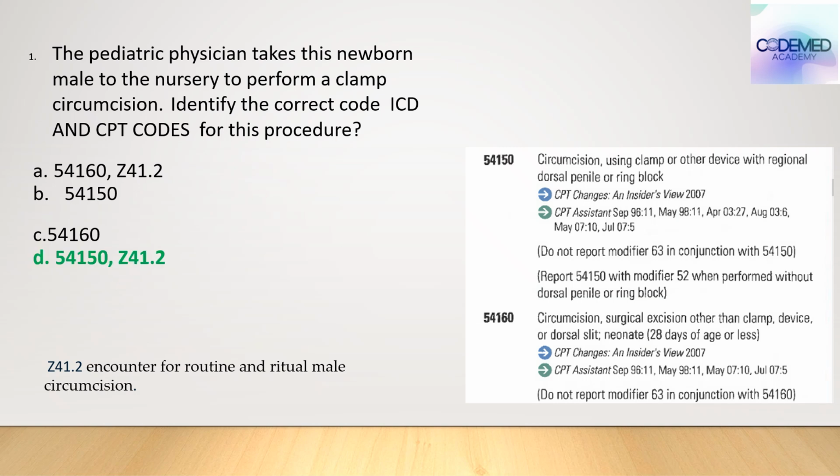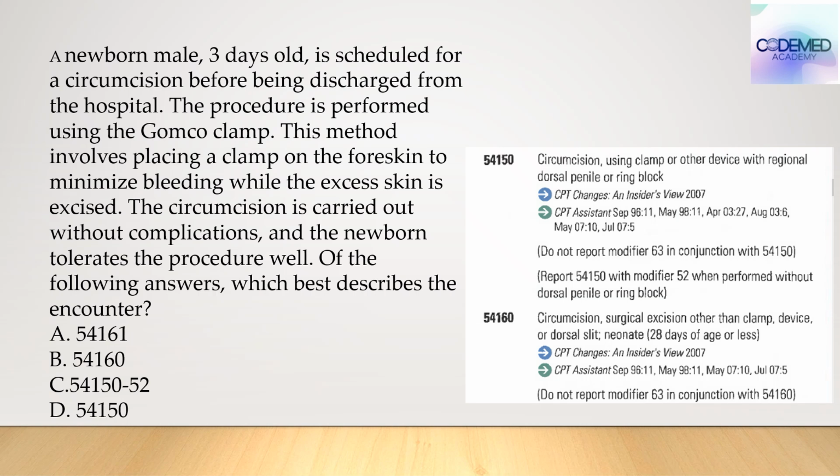Yes, D is the right answer because 54150 talks about circumcision by the clamp method, and we have the ICD code Z41.2. It is an encounter for routine and ritual male circumcision. A newborn male 3 days old is scheduled for a circumcision before being discharged from the hospital.